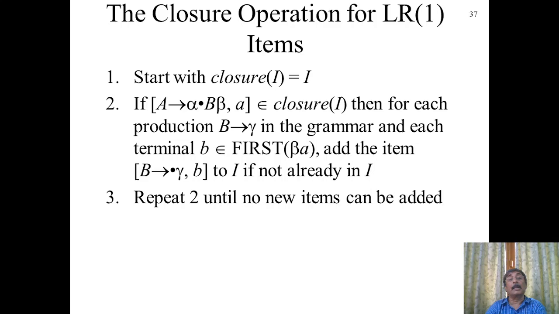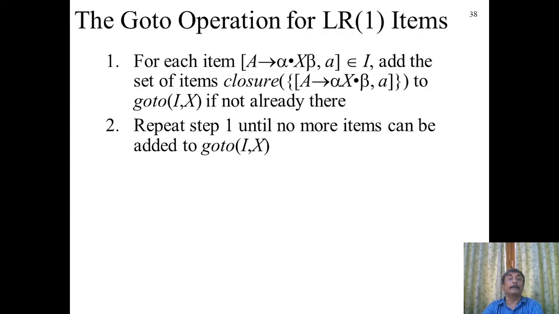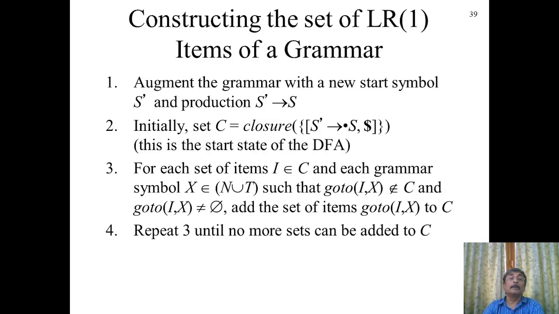If A produces alpha dot B beta comma a is in a set, then its closure will contain all rules of the form B produces gamma, and the second component will be all the small b's which are available in first of beta a, not gamma a, just beta a. And you have to repeat it unless new items can be added. And in GoTo, the look ahead does not change. That's all.